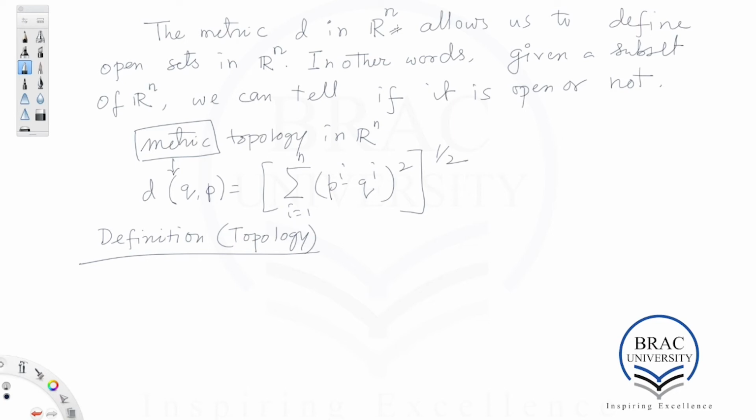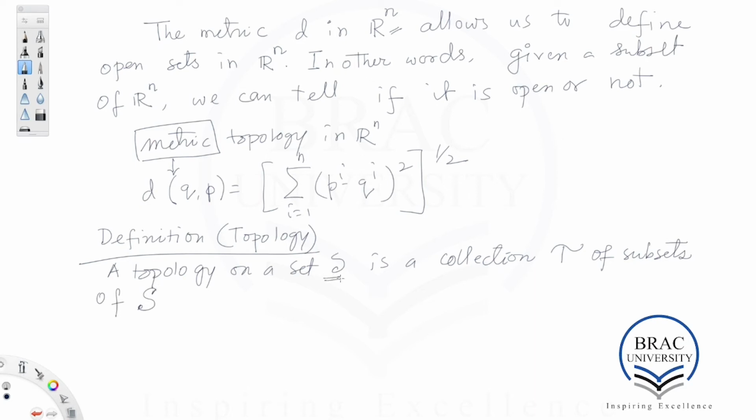Okay, a topology on a set S is a collection tau of subsets of S. So what do we have? We have a set to start with, and then we take a collection of subsets of S. Okay, so let me give you an example as we move on.